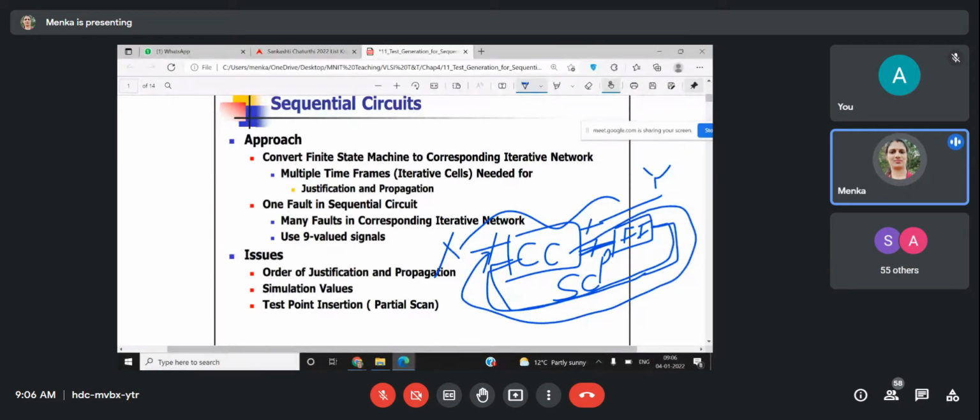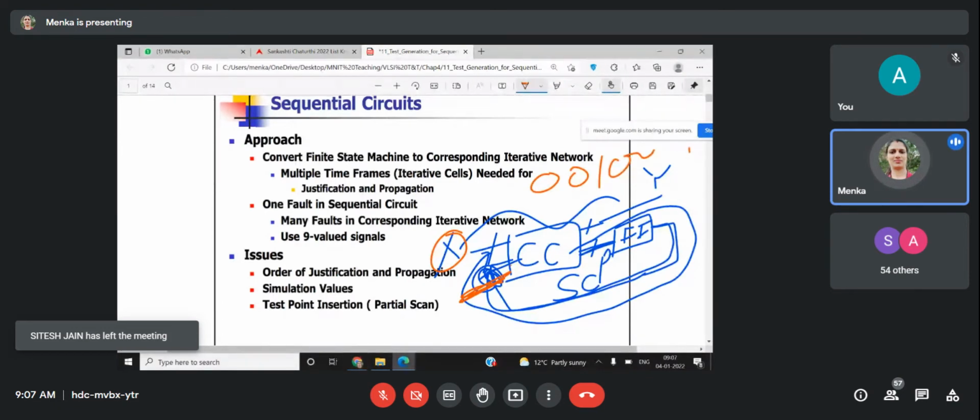So this is going to create a problem: how will you prepare the input set so that you can detect the fault, because you don't know what was there at this end, right? Visible to everyone? Yes, ma'am. Since this is a feedback system, you can fix this set of x, maybe 0, 0, 1, 0, whatever it is. But this set of PI, you can't comment on, because this is coming from the output again as feedback. So this is the problem.